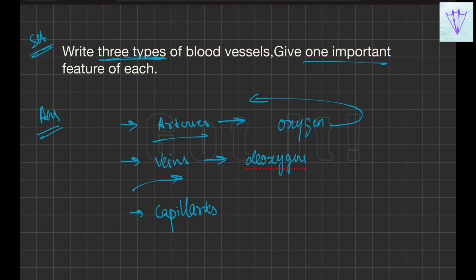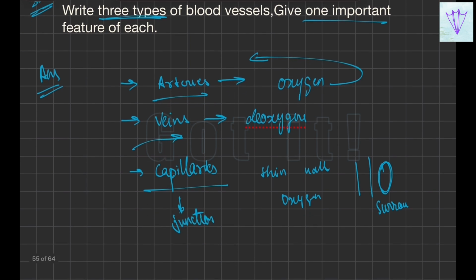And capillaries. What is the function of capillaries? Their thin walls enable the exchange of oxygen, nutrients and waste products between the blood and the surrounding tissues, and they act as junction points.